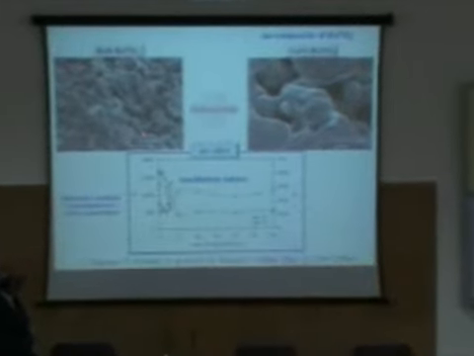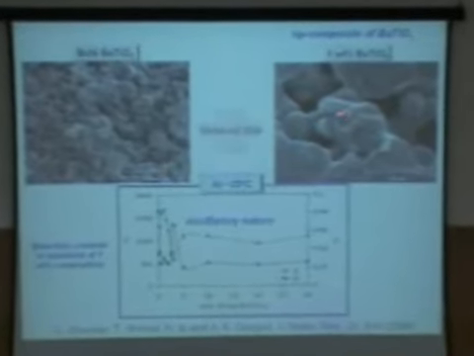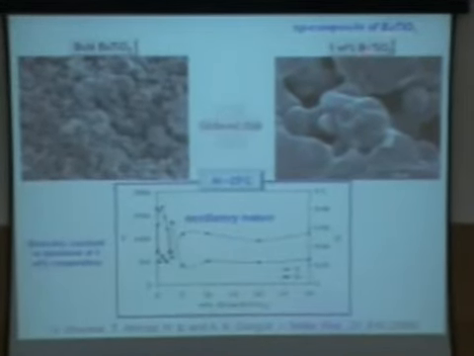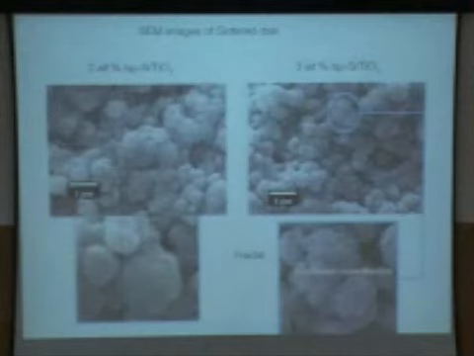And the morphology suggests very good sintering if you add 1% of nano barium titanate to the bulk barium titanate. And the dielectric constant also gets enhanced at certain very low amount of dosage of nano barium titanate. And the theory is still not clear why at certain compositions it is happening.